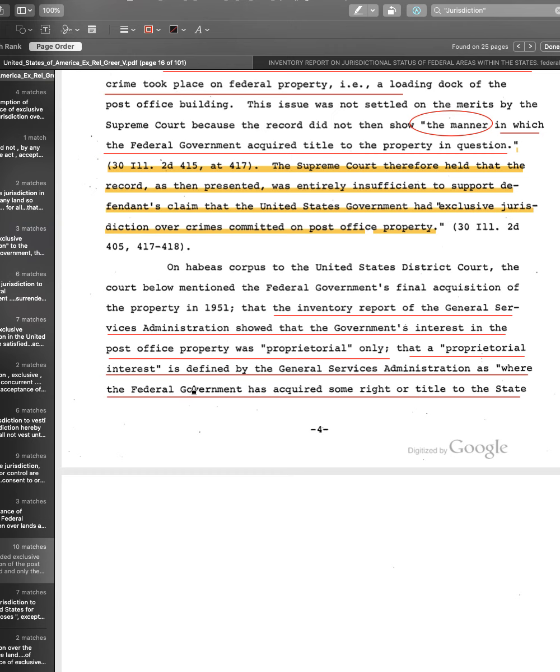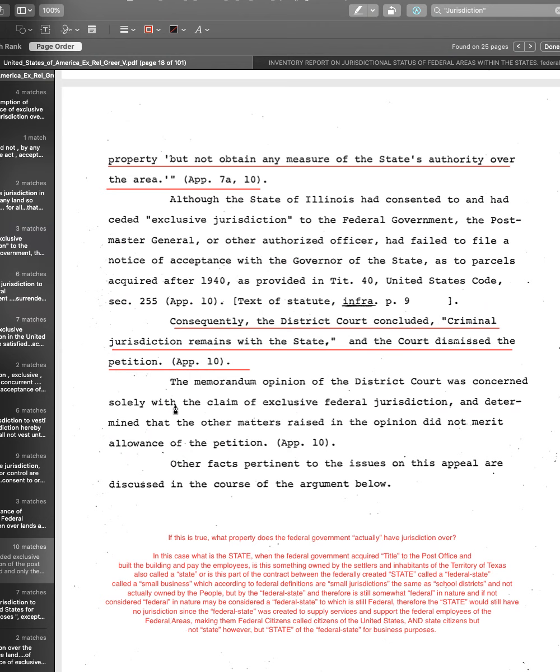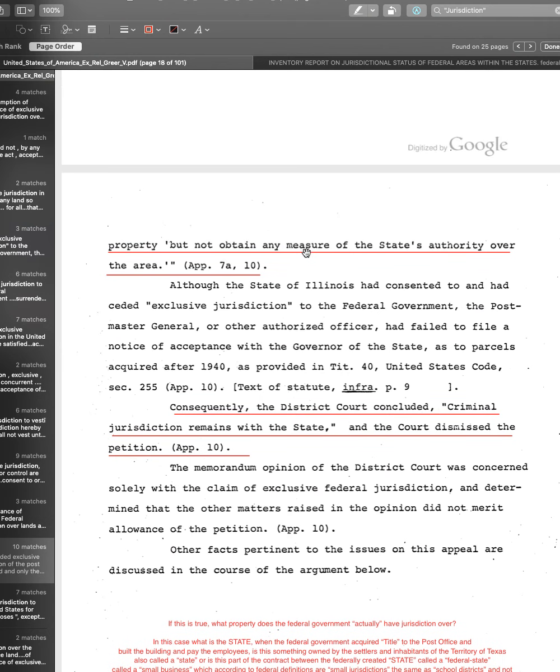So proprietorial interest is defined by the General Services Administration, that's GSA, as where the federal government has acquired some right or title to the state property, but not obtained any measure of the state's authority over the area. So they have right to title, but no authority.